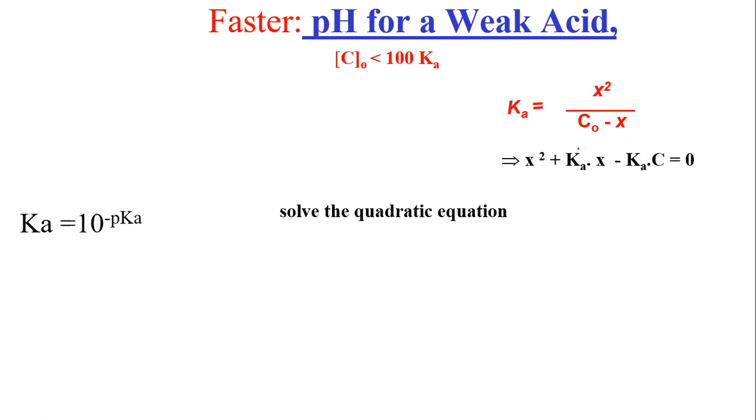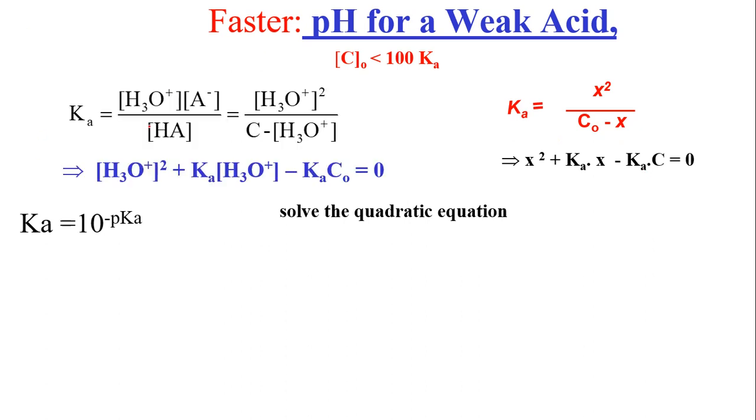Now, you could sit there and memorize that the quadratic equation is going to be x squared plus Ka times x minus Ka times the initial concentration. I don't like to memorize, so I just go back to the original x squared divided by C0 minus x. But you do sometimes save time by memorizing.